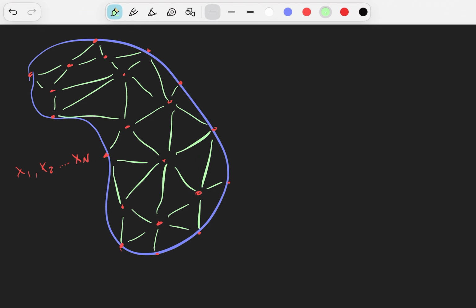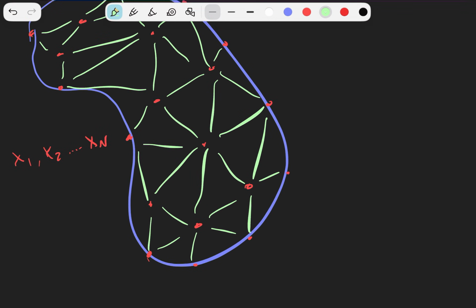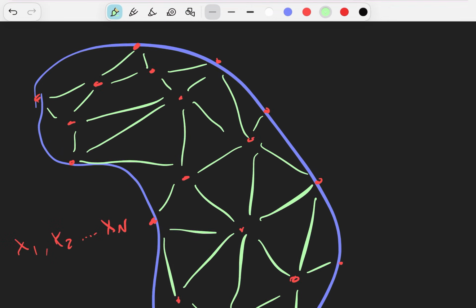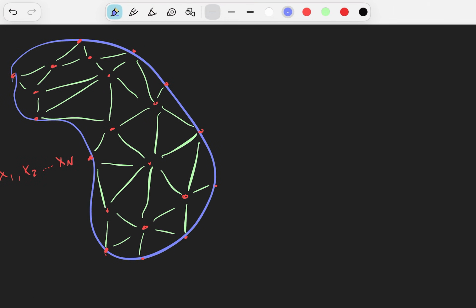So that's kind of we are partitioning the domain into just a bunch of simplices. And what's interesting about this is, again, here's our original domain. We can approximate the domain roughly.